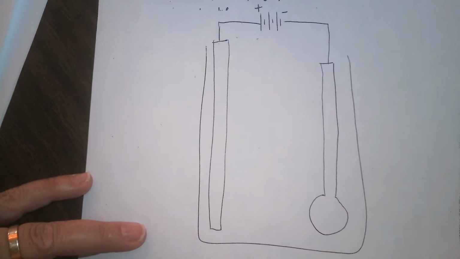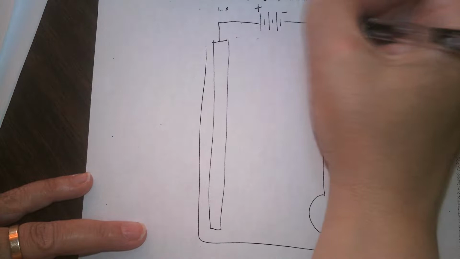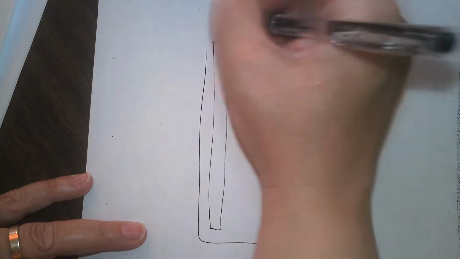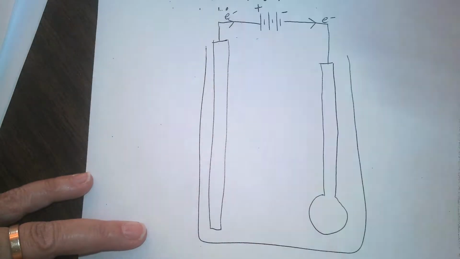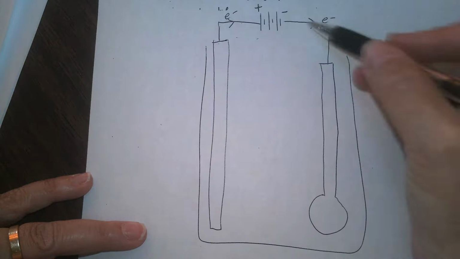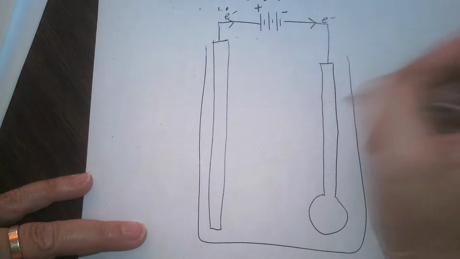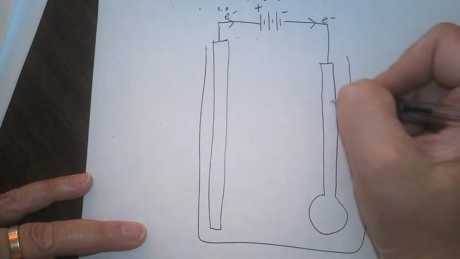Which way are the electrons going to flow? They're going to flow this way. Okay, so if this is the flow of electrons, what is this spoon then?